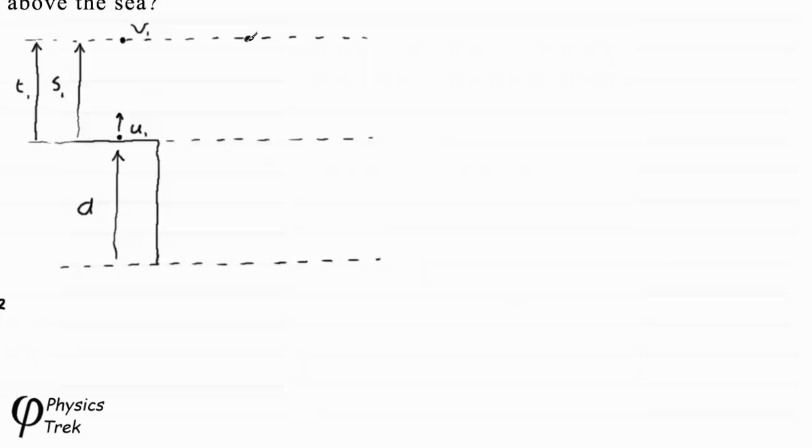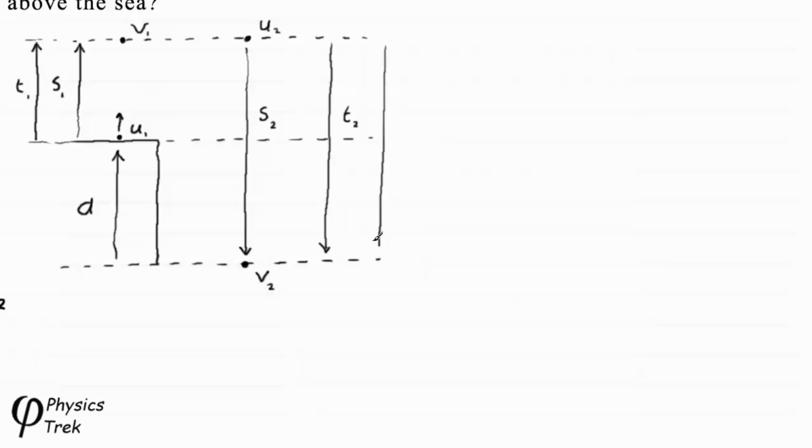Looking at the downward movement, initial velocity of the falling stone is U2. Notice this is the same as V1 in the first part of the motion. When the stone hits the sea, it does so with a velocity V2. The distance fallen is S2, the time for the fall is T2, and of course the stone accelerates downwards at g meters per second per second.